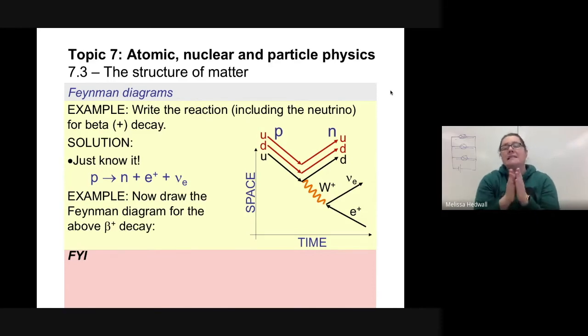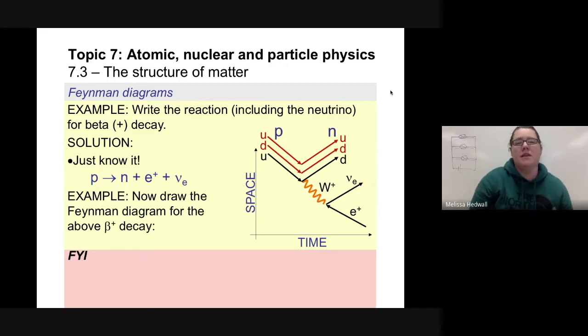You will not need to think, oh, I wonder what force is going to propagate this. It should be a W plus, but the question will usually give you what's happening, and you'll have to be able to describe what's going on. The only thing that would need to be drawn is if that information was given.